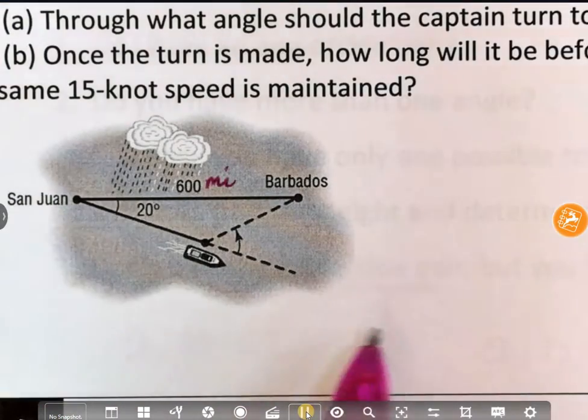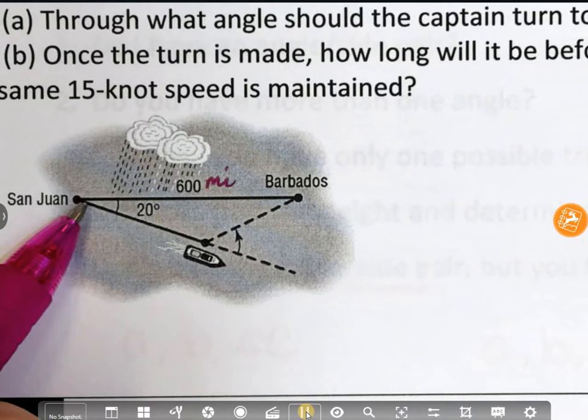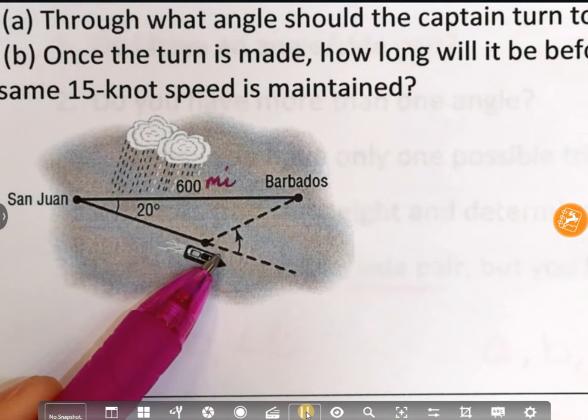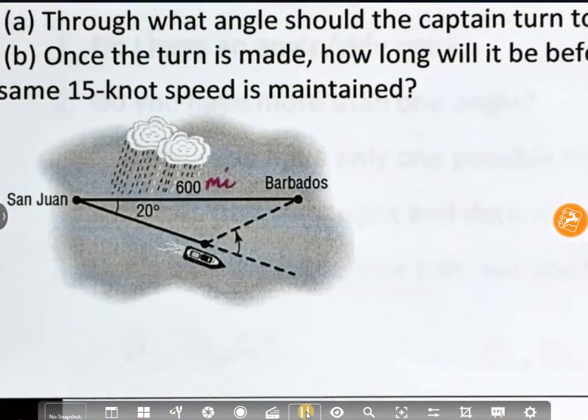And the problem with when you're on the water, you don't really have a lot of reference points. And sometimes you don't even have GPS, because your GPS is limited to where it can work also. So what they do is they time how long they've been going, and they keep track of a constant speed so that you can figure out where you would be. So I've been going at a speed of 15 knots for 10 hours.